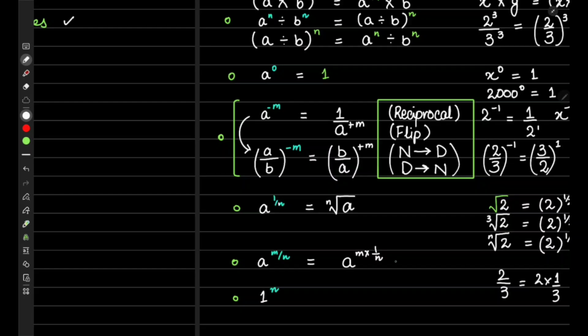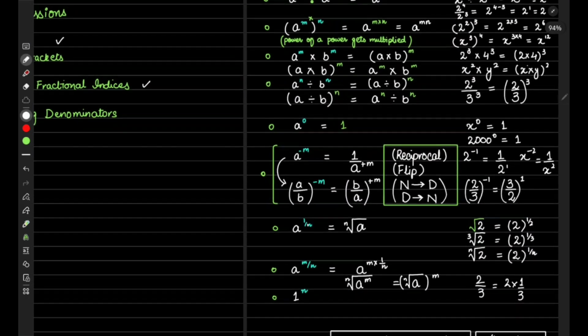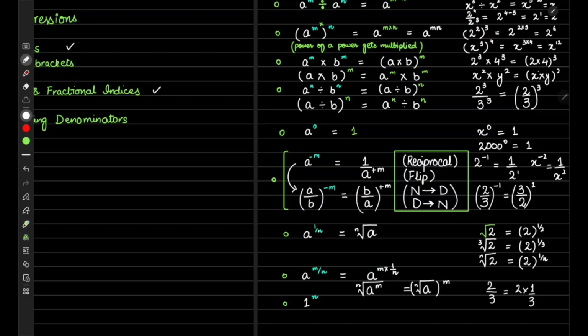So if you can do this, then you can write it in two ways: either a to the power m with the nth root outside, or a to the power 1 over n, the nth root, whole power m. Why am I referring to this? Because when we have two powers we multiply them, and if we have multiplication of two powers, we can write them as a whole power of the other power.